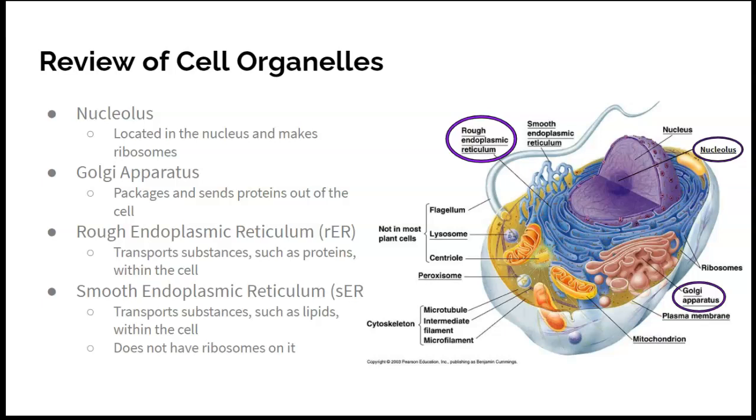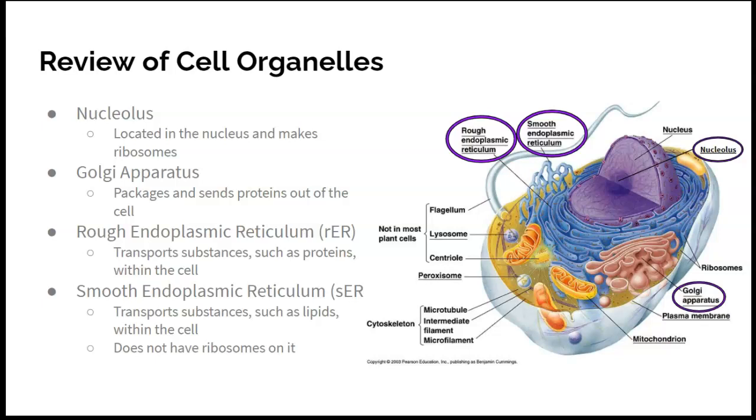Our other endoplasmic reticulum is the smooth ER, and this is just a little bit further outside of the nucleus, and it does not have ribosomes on it. That's the key differentiation, is that the rough has the ribosomes and the smooth does not. Also, because the rough has ribosomes on it, you know that it's dealing with proteins.